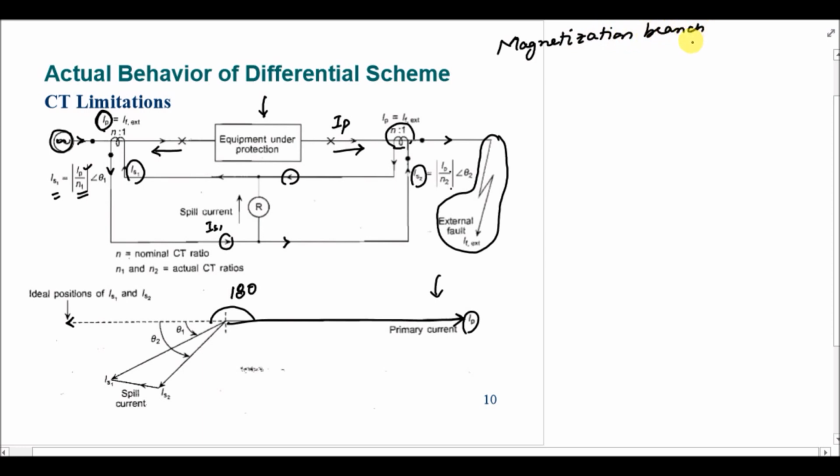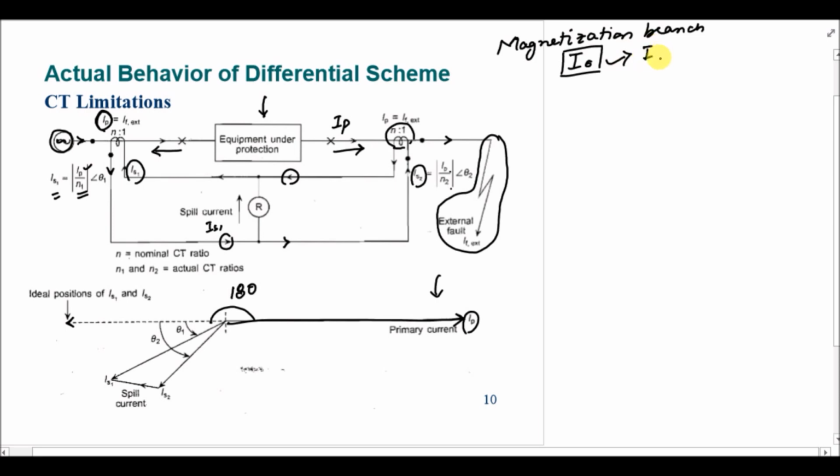And we know that the magnetization branch has a current I naught that is flowing through the magnetization branch of each of the CTs used in the protection scheme. And this I naught comprises two different types of currents.